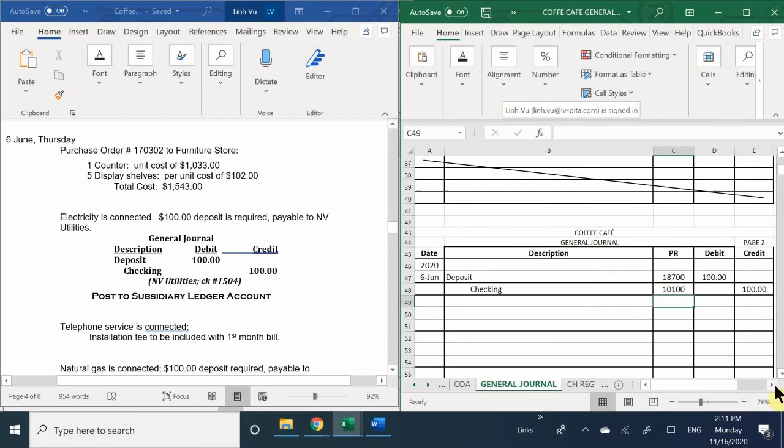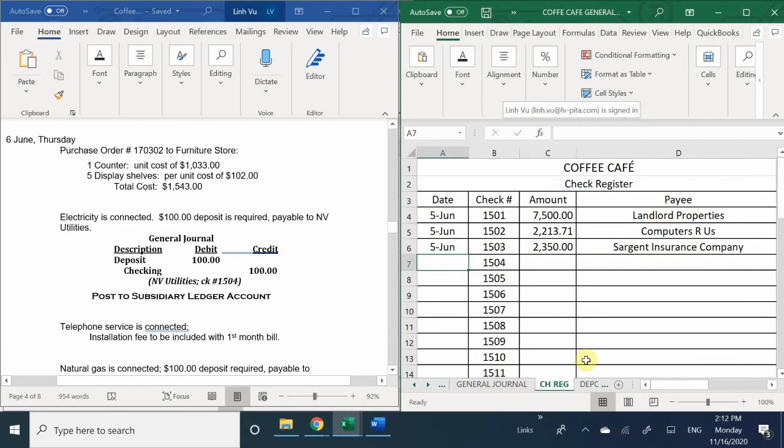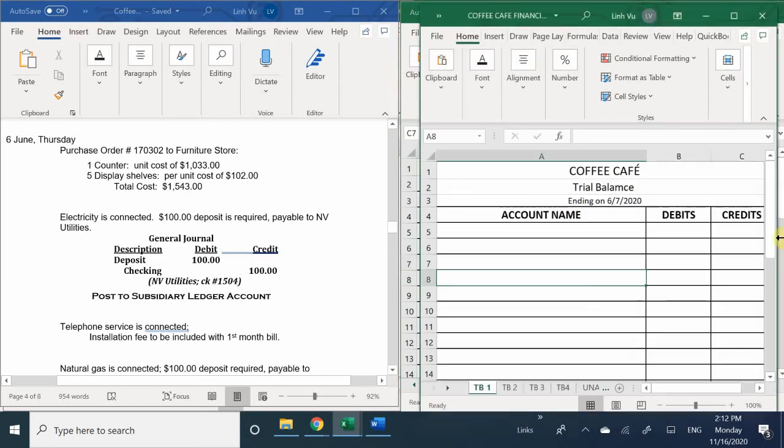So in this case, what's the first thing I'm going to do? You're going to the register. Yes, you're going to write a check for the amount that you owe to this vendor. So here, June 6th, I know that I'm going to write $100 out for this deposit. Oops, my bad, I hit the wrong one.